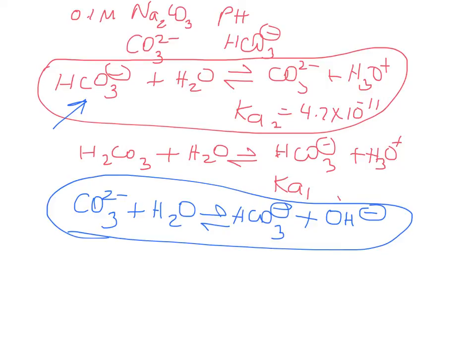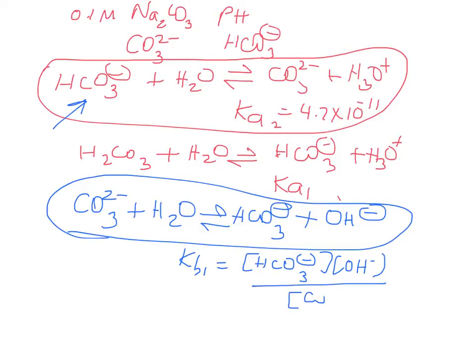Now, for this particular step, you can write down the Kb1 as HCO3 times hydroxide divided by carbonate. That's one step. Now, we called it Kb1 because it describes the first of the two possible reactions that produce the hydroxide ion.